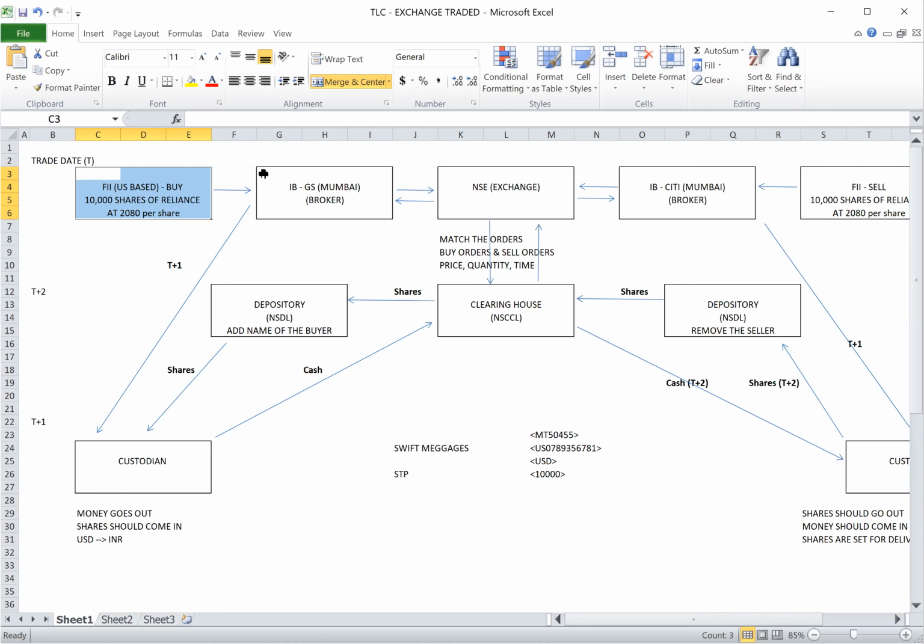Goldman Sachs New York will forward the order to Goldman Sachs Mumbai and say that please help out Vanguard. What will Goldman Sachs Mumbai do? It will place the order with the exchange.